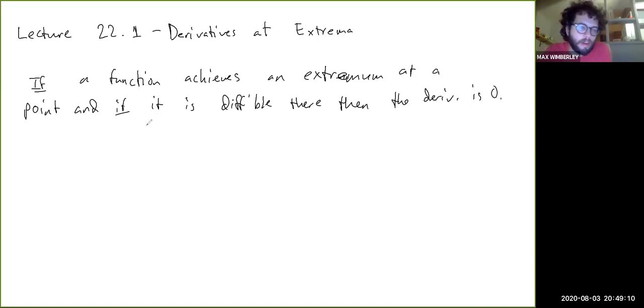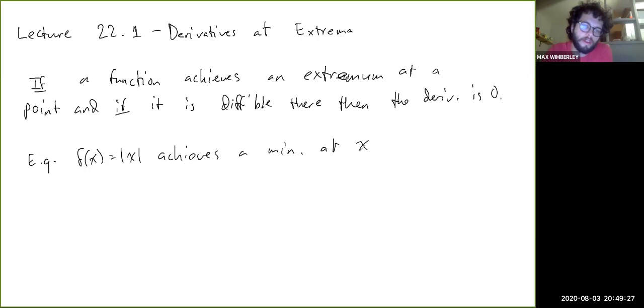It's possible that it might not be differentiable at an extremum. For example, f of x equals absolute value of x achieves a minimum at x equals 0, but is not differentiable there, so the statement doesn't apply.